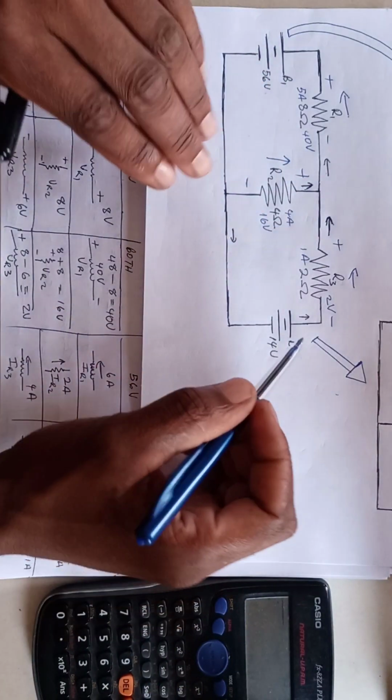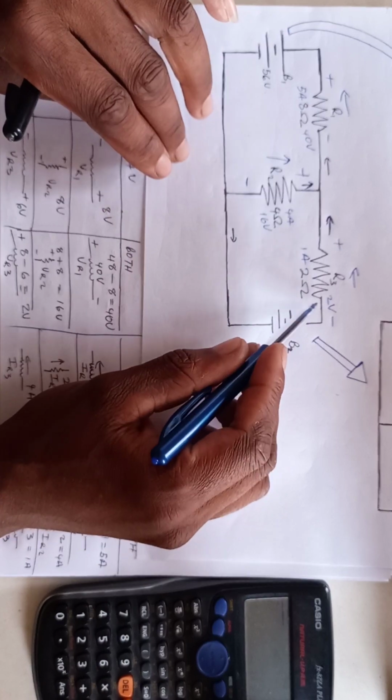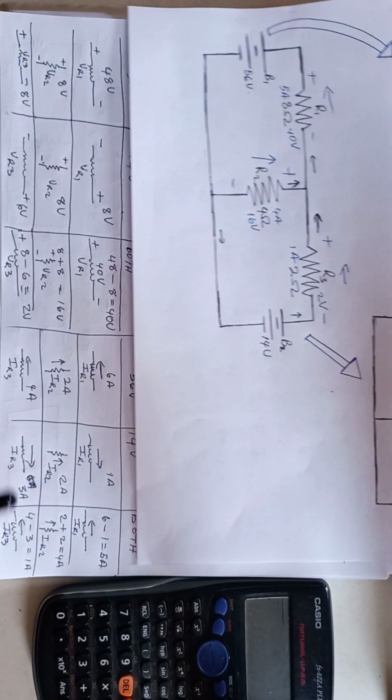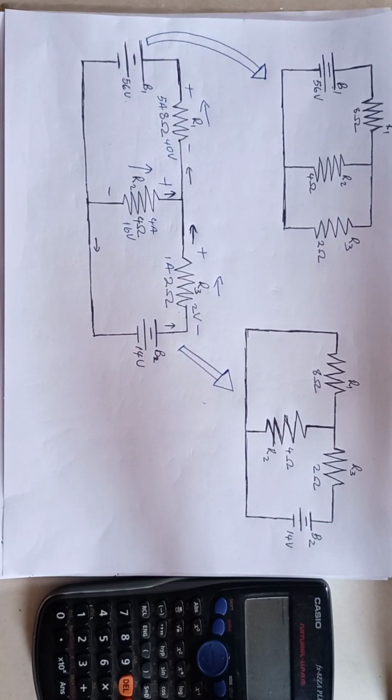If you were to use this battery alone, you would assume that R3 is positive here, but that's not the case. I hope this video helped you and gave you full understanding of the superposition theorem.